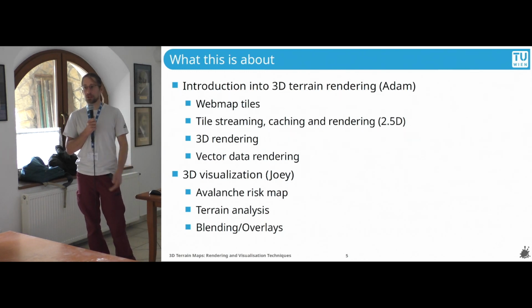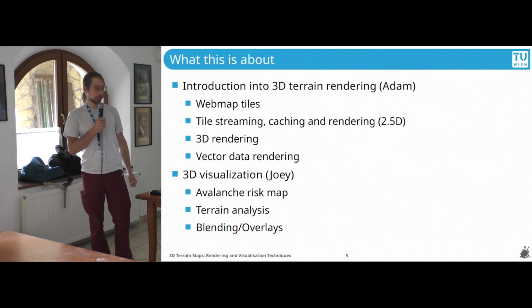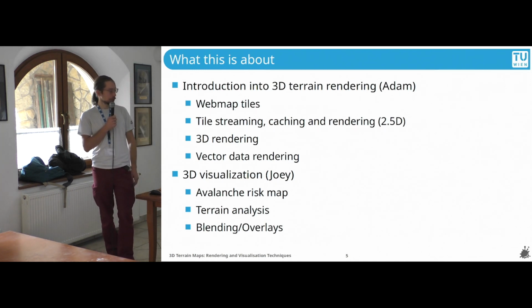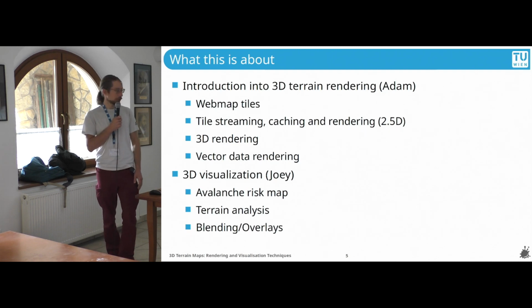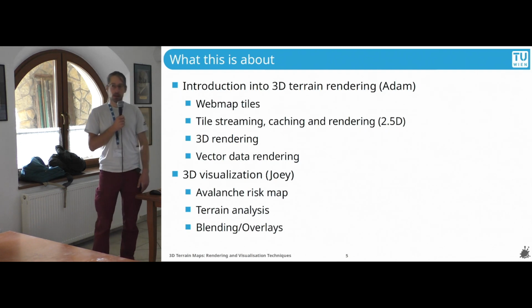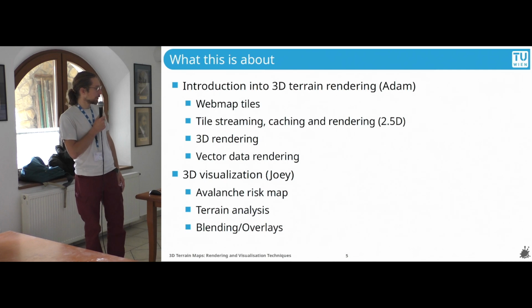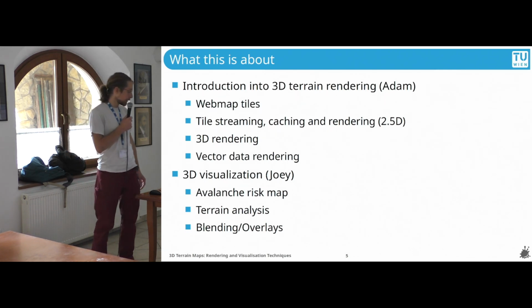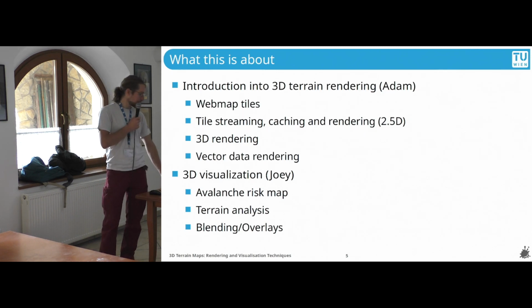Vector rendering for us means rendering something like Google Maps into the 3D world, which poses some extra challenges. And then Joey will speak about 3D visualization. He will present his avalanche risk map, and he will also talk about terrain analysis and some blending overlay. And I think he has some very interesting things to talk about.